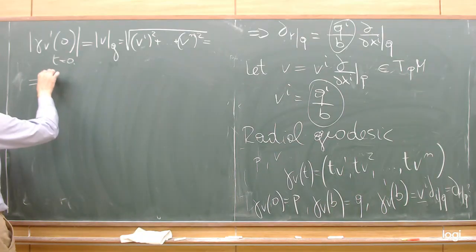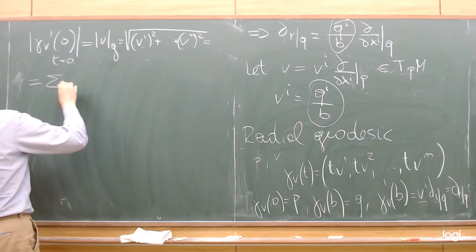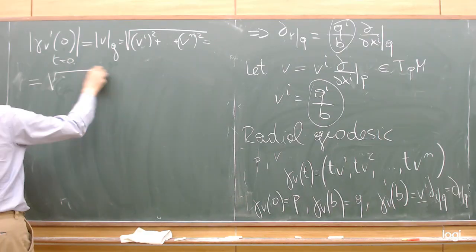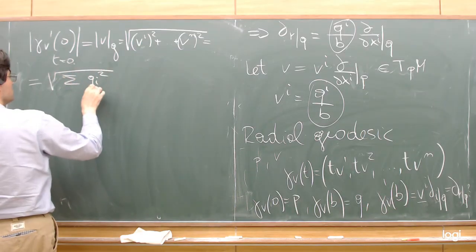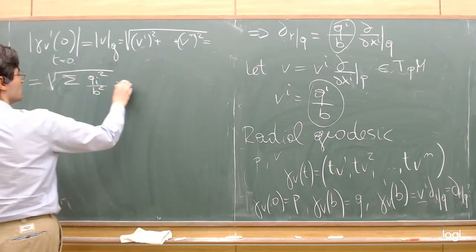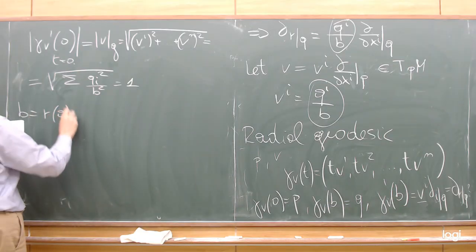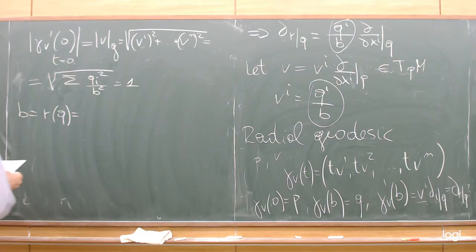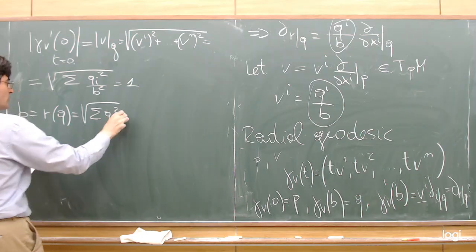This is the square root of the sum of Qi squared over b squared, and this is 1 by definition of b, because b is r of Q, and this is the square root of the sum of Qi squared.